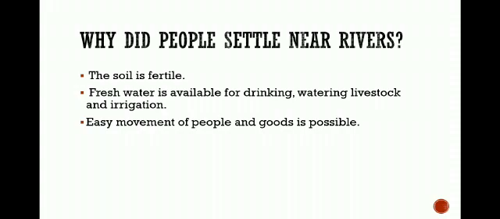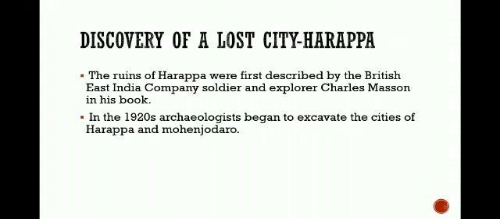Okay. So next one, the discovery of a lost city, Harappa. The ruins of Harappa were first discovered by the British East India Company soldier and explorer Charles Mason in his book. When he visited the northwest frontier province, now in Pakistan, he came across some mysterious brick mounds.